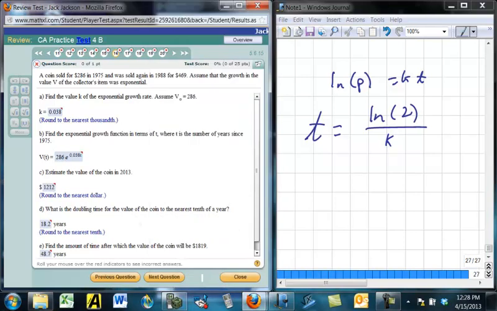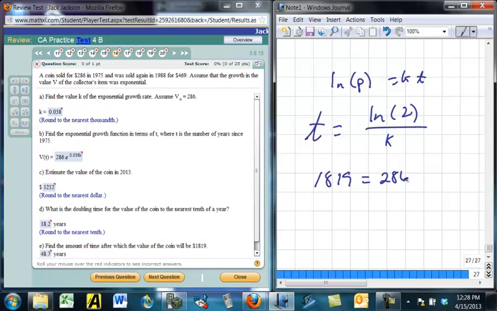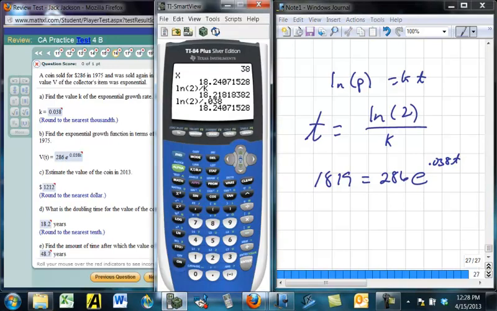Find the amount of time after which it will be 1,819. We can solve that algebraically, or we can just go to here and type in that y value. I'm going to do it this way.